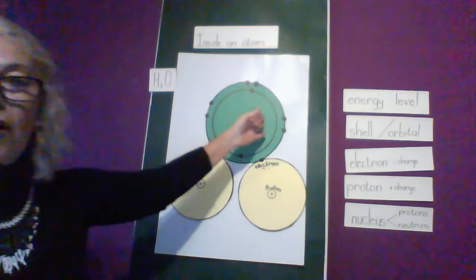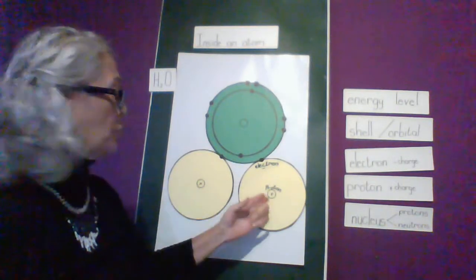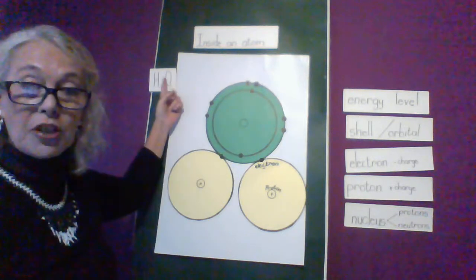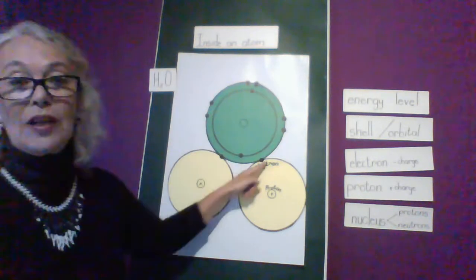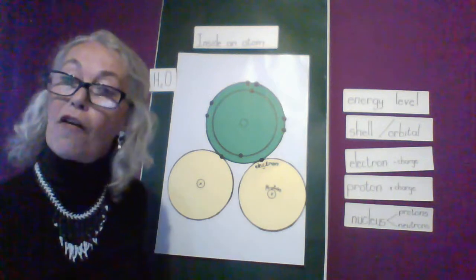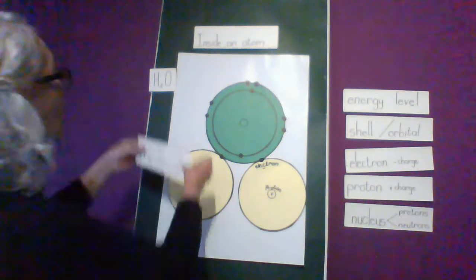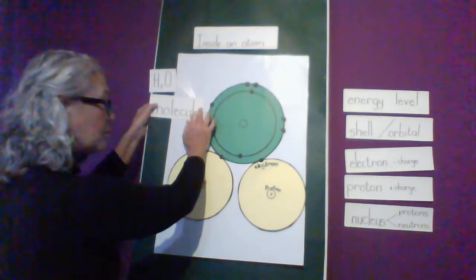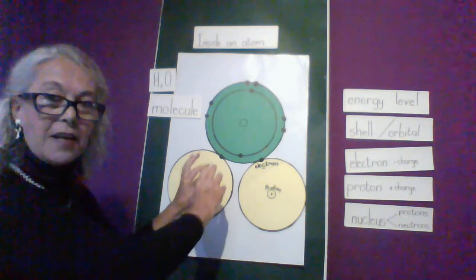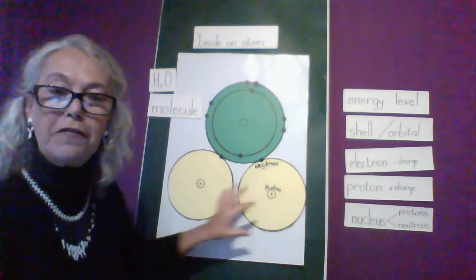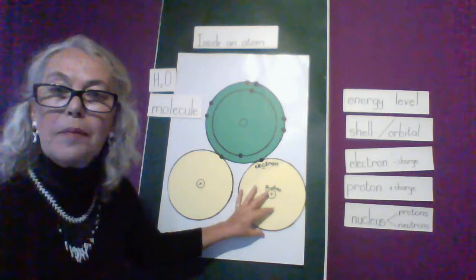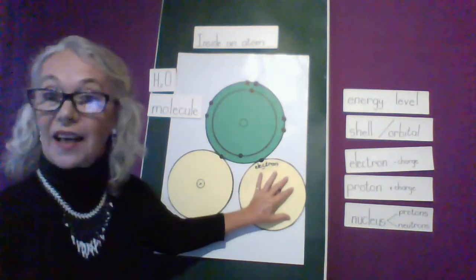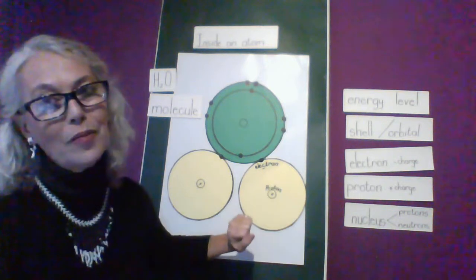Remember, it's made up of 3 different atoms, 2 hydrogen atoms, 1 oxygen atom. The oxygen's outer energy level is now full, and there we have a molecule. Remember, a molecule can be broken up into different atoms by chemical reactions, but 1 atom cannot be broken down.